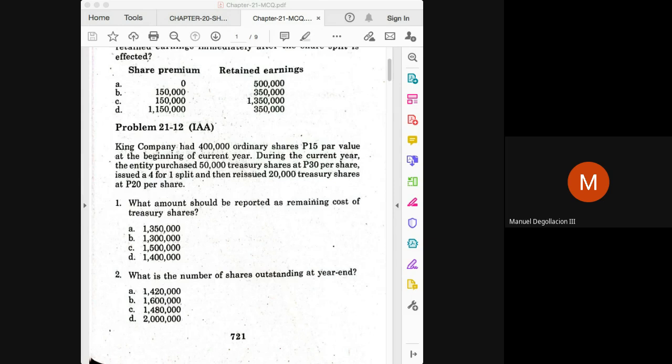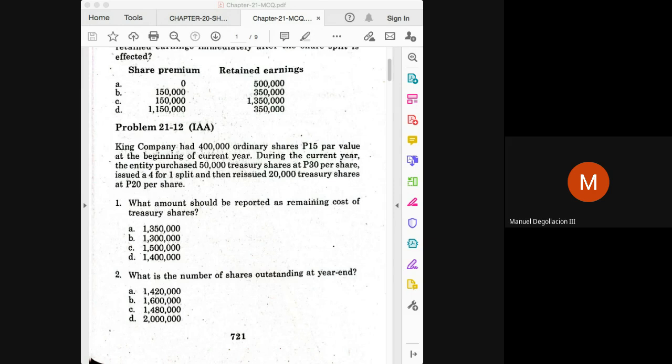Okay, and as what we have computed earlier, our remaining treasury shares is 180,000, and you multiply this with the adjusted cost per share of 7.5, you will have 1,350,000.